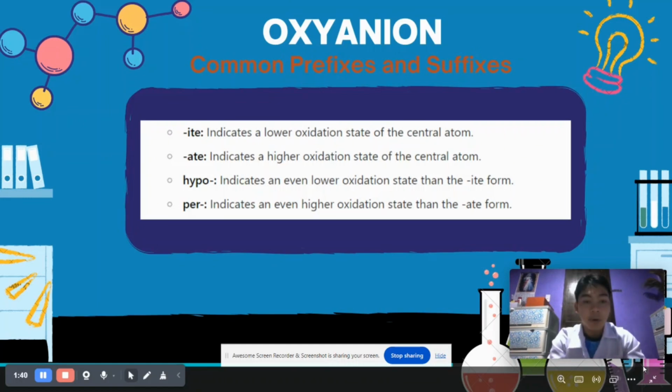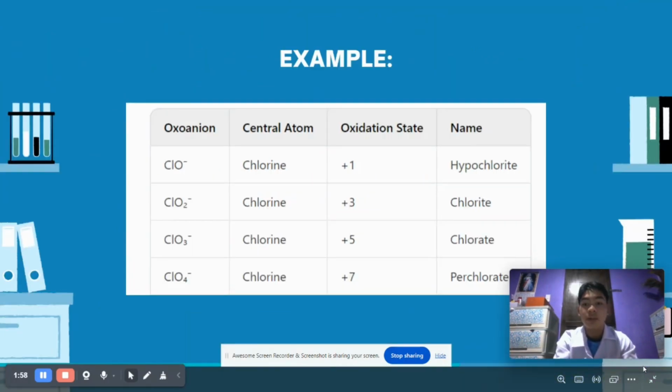We add "hypo" if it indicates an even lower oxidation state than the "ite" form. And lastly, "per" indicates an even higher oxidation state than the "ate" form. So here we can see some examples. We have the example of chlorine.